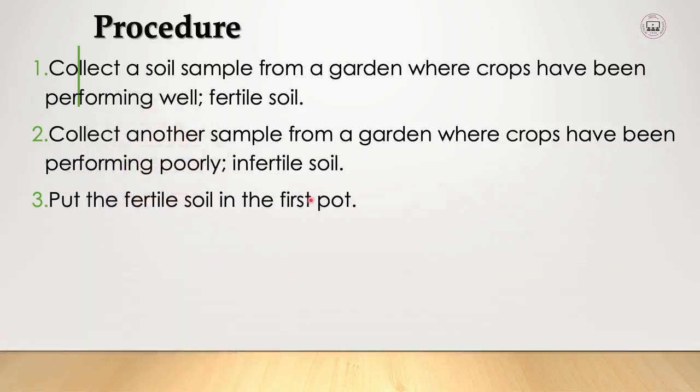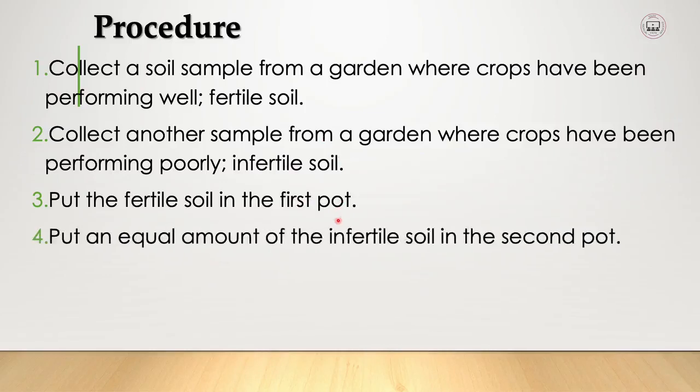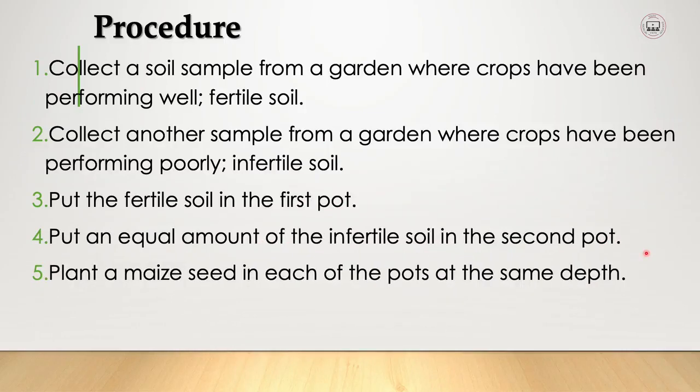Then the third step is to put the fertile soil in the first pot, then an equal amount of the infertile soil in the second pot. Then you plant the seed, whether maize seed or any other seed, in each of the pots at the same depth.